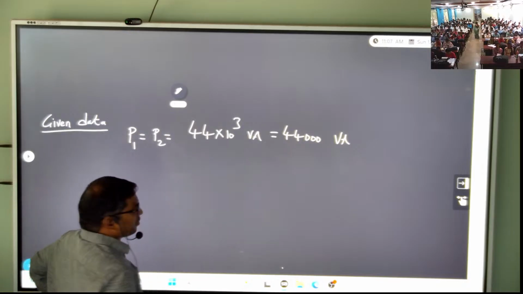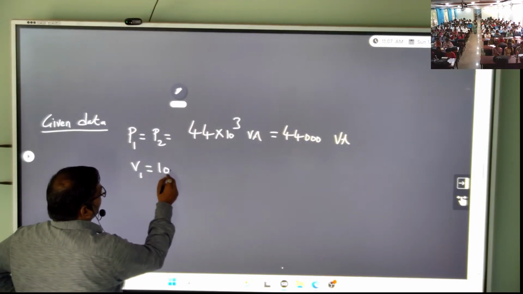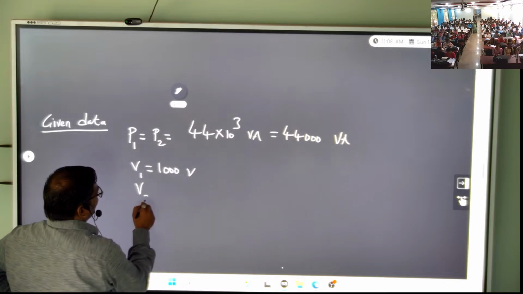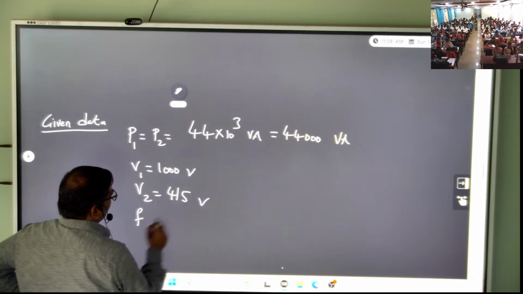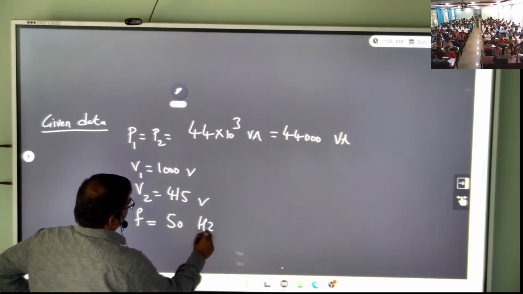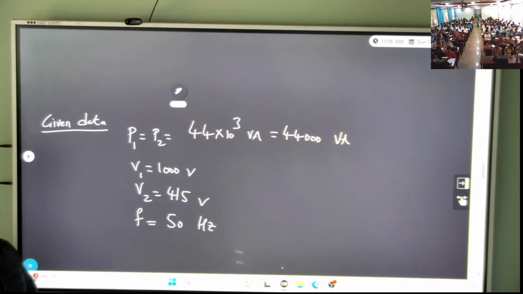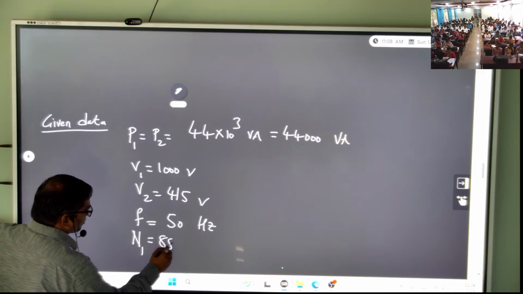Then V1 1000 volts, V2 415, frequency 50 hertz. And N1 is given, N1 is 88.